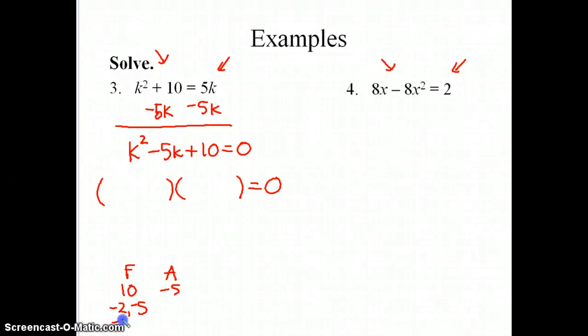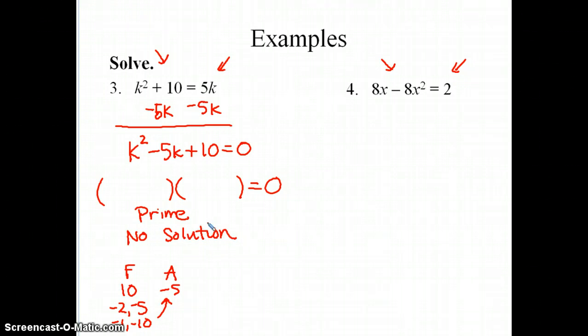And I also note that I could have a negative 1 and a negative 10 as factors. But when I look at both of these items that I have noted, neither one of these is going to add to a negative 5. So therefore, this is prime. So at this point, this is a no solution, since I can't factor it at this time.